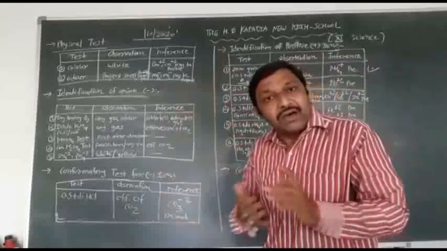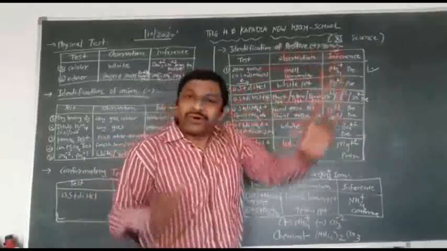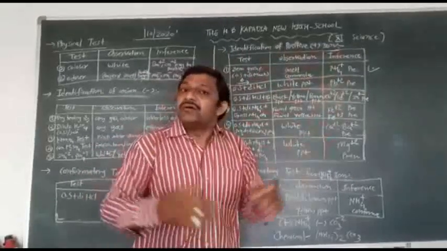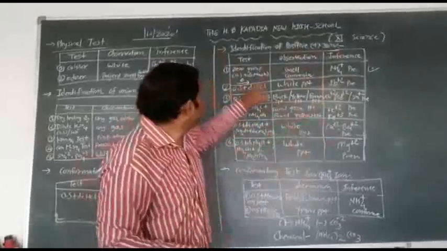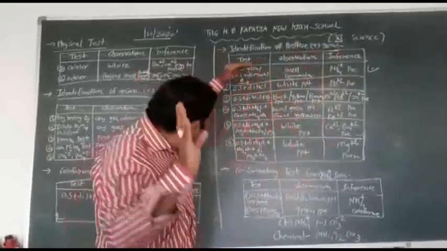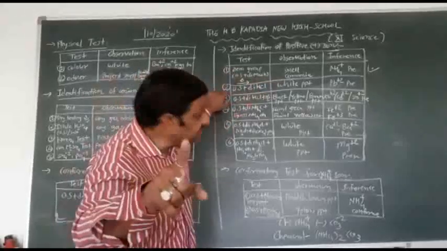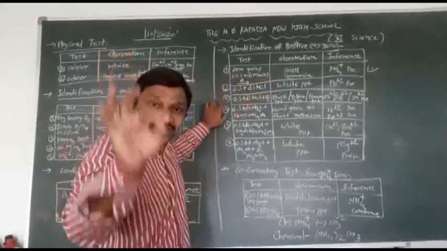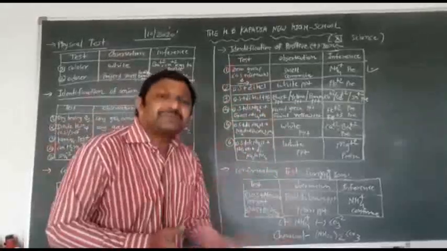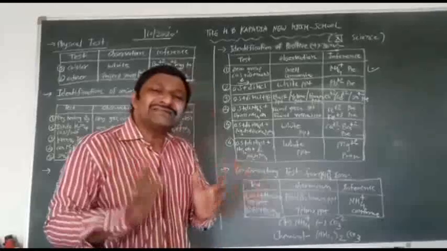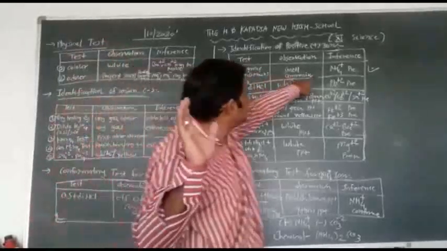Clear? Now in case of positive ion, here is identification of positive ion. Now you all know we have performed many tests: if zero group is absent, then perform first group; if first group is absent, then perform second group; if second group is absent, then perform third group. But in this practical you can see zero group is present as NH4 plus.